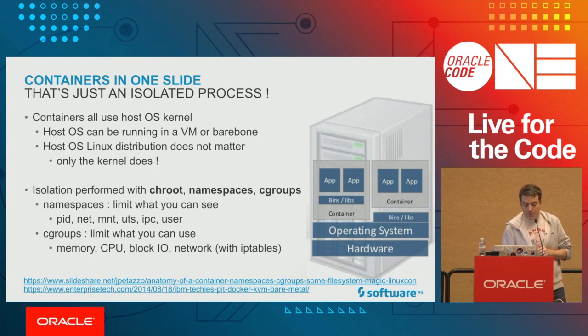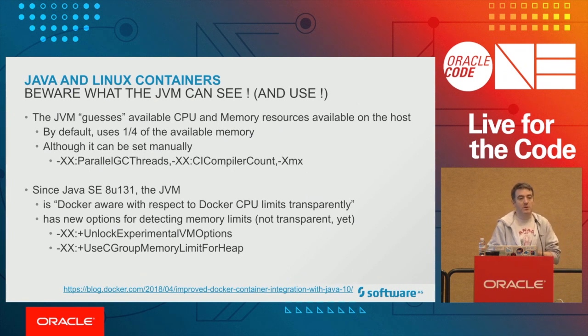Talking about cgroups, how well does the JVM handle cgroups? First of all, let's go back to the historical way the JVM guesses CPU and memory resources. By default, this is called Java ergonomics.